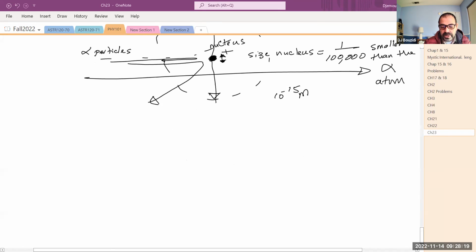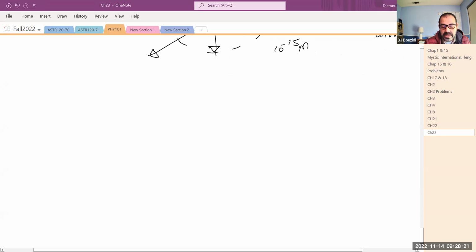So this is the Rutherford picture now. The model that we have in this case is completely different. We have a nucleus which is 10 to the negative 15 meters in size. This size, by the way, has a name. This is what is known as a Fermi.